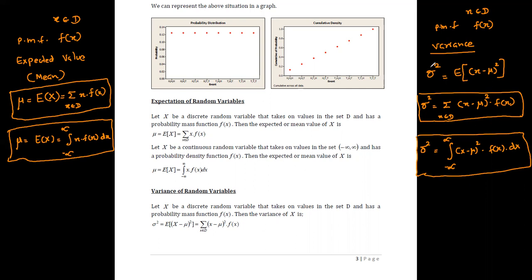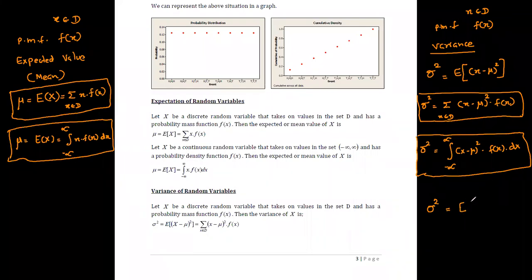But here we are just discussing the discrete case only. We are not going to discuss this for the continuous random variable. Therefore, instead of using this equation, we can simply obtain the variance in this form.